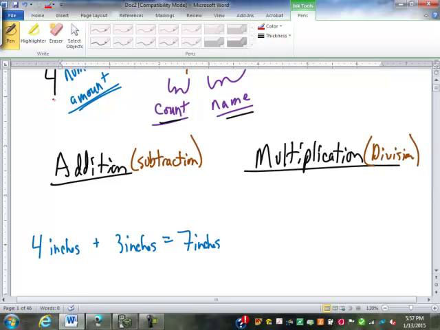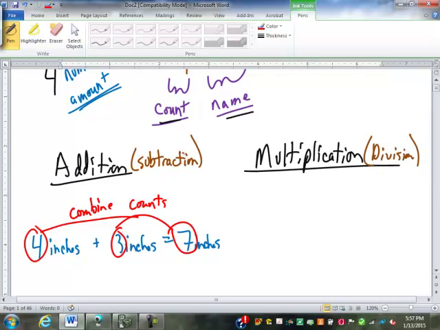Let's look at what happened with the 2 parts, the count and the name. We have 4 and 3. It becomes 7. We combine the counts with addition. Well, let's look at the names. We have inches, and it becomes, well, still inches. We keep the same name.